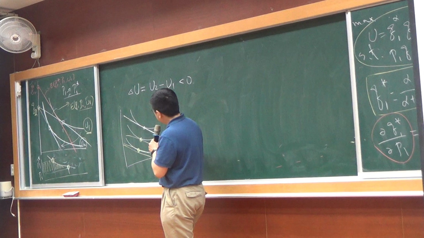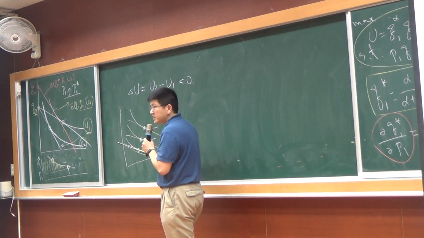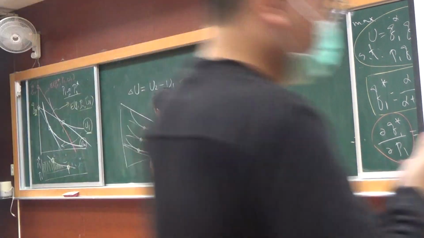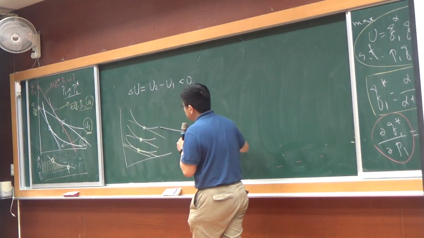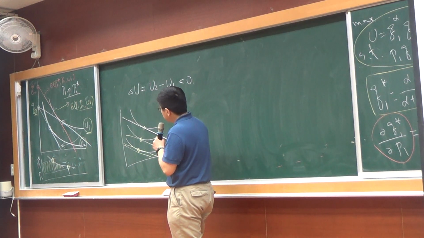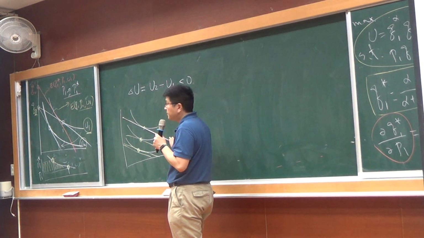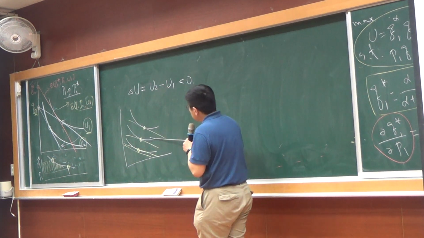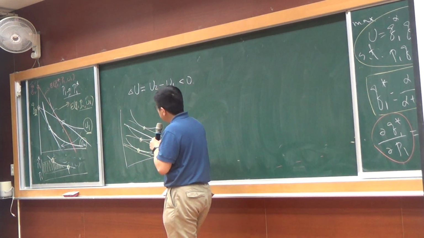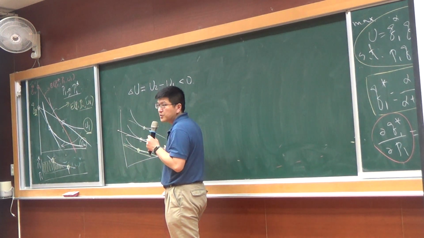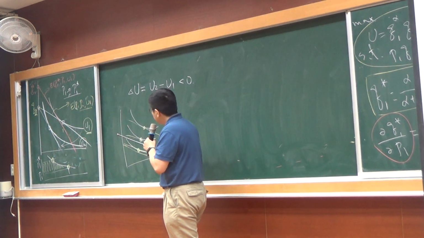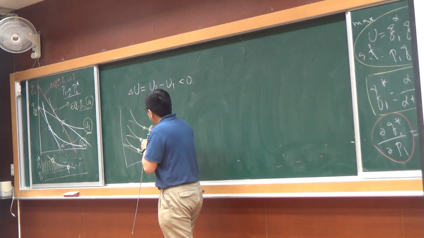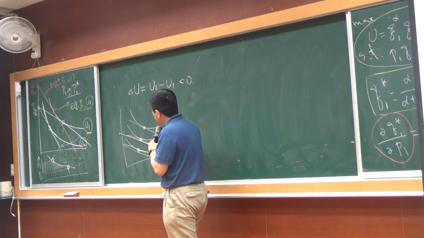With the same MRT, you will see the minimum expenditure. If we wanted to achieve this utility level, the minimum expenditure would be this, right? With the same MRT, if we want this lower level of utility, the minimum expenditure is reduced to here, right? So as the utility level goes up, the minimum expenditure increases.